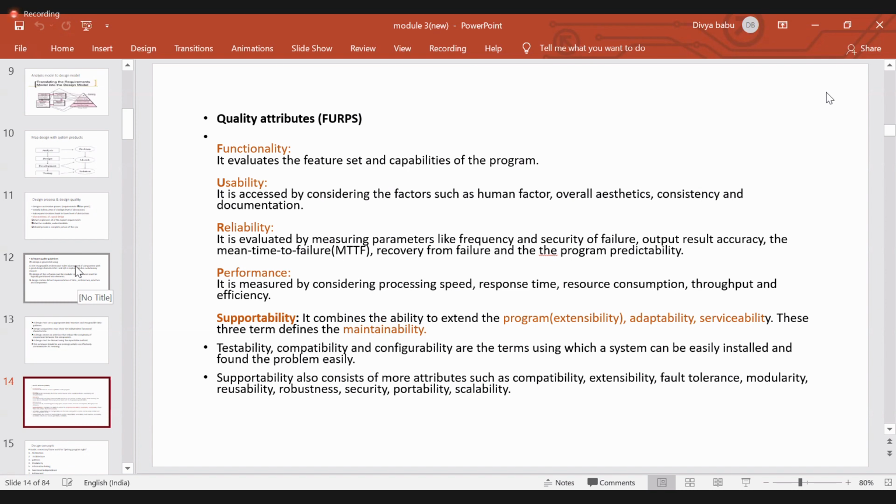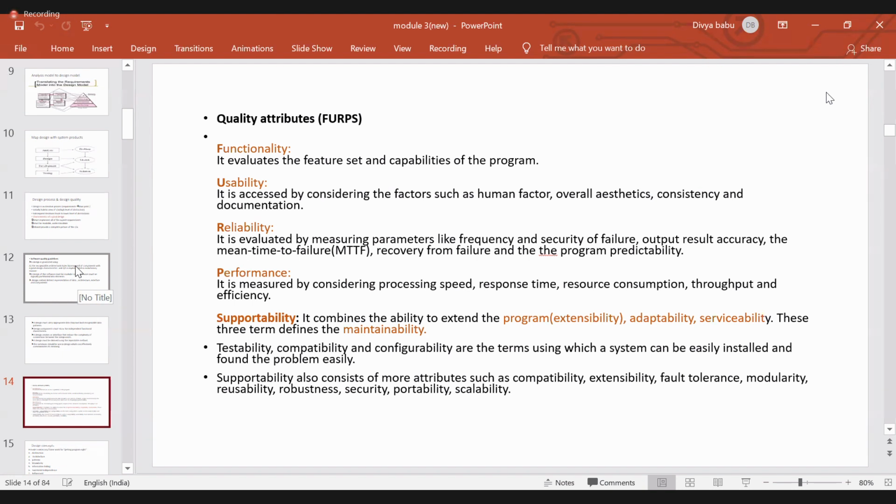If you need extra service, you call the support engineer, right? So if you want to modify or extend, you can go for it. Some systems are not adaptable. To improve adaptability, it should be platform independent. Then serviceability and maintainability all come under supportability.